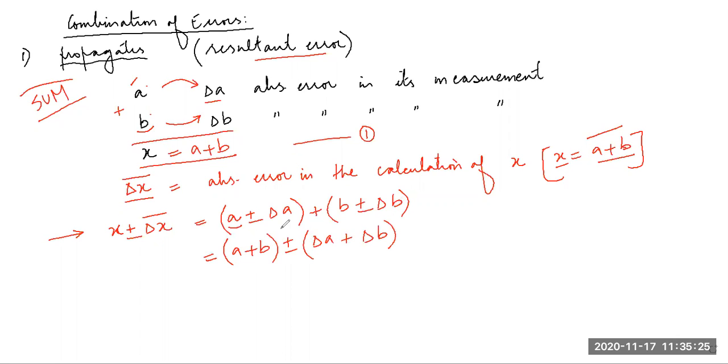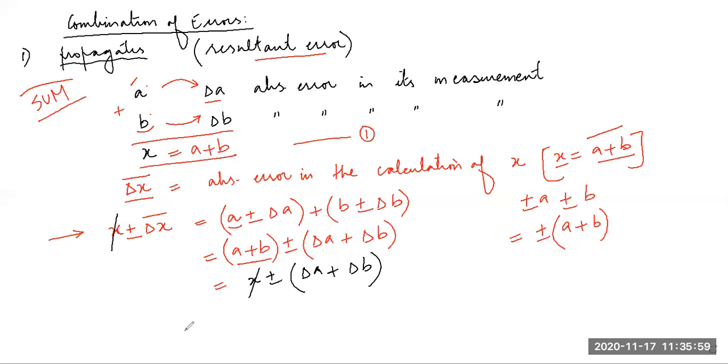It is worthwhile to see, students, this is plus minus delta A plus minus delta B. This can be written as plus minus, if I take common, delta A plus delta B, because plus divided by plus is plus, minus divided by minus is also plus. But A plus B, already defined, is X. So this is equal to X plus minus delta A plus delta B. X cancels with X. So I come to know about the resultant error.